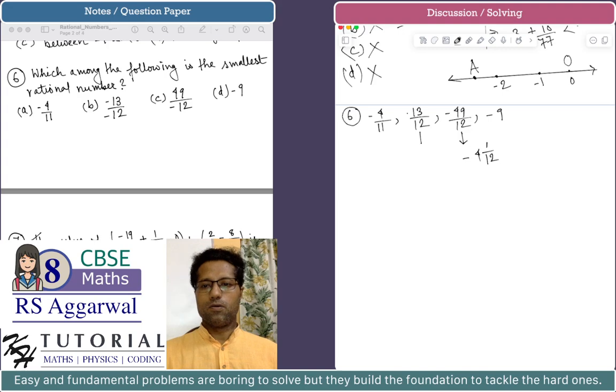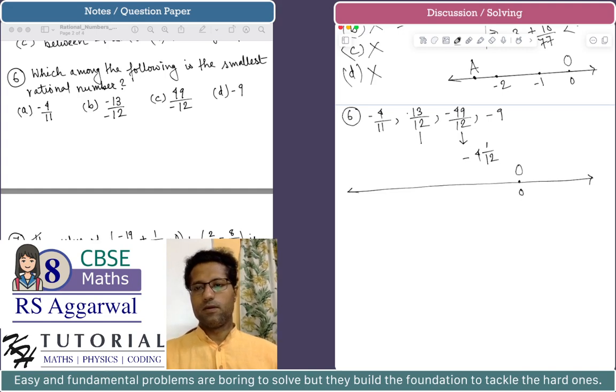Now, if you try to visualize the position of all these rational numbers on the number line, let's say this is the number line. So we have somewhere origin O, and definitely 13 by 12. 13 by 12 is equal to 1 and 1 by 12. So it is a little greater than 1.